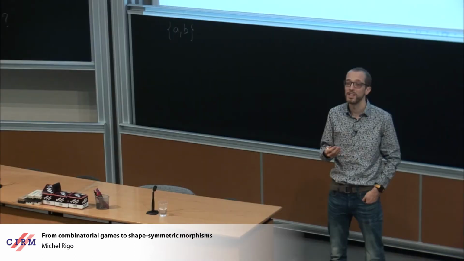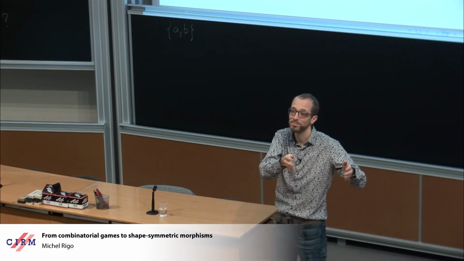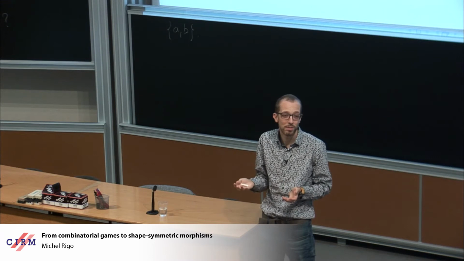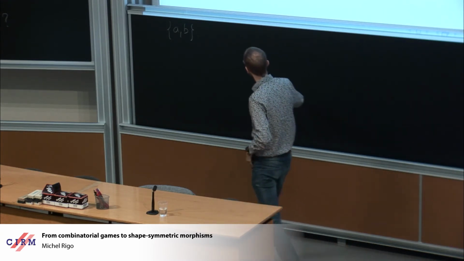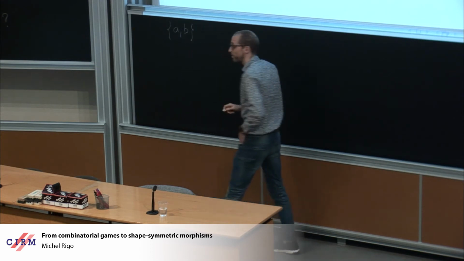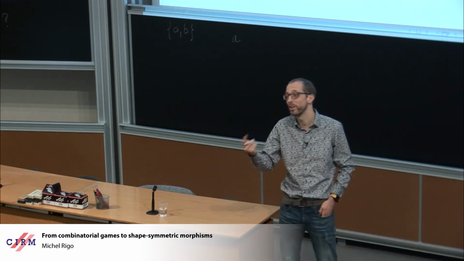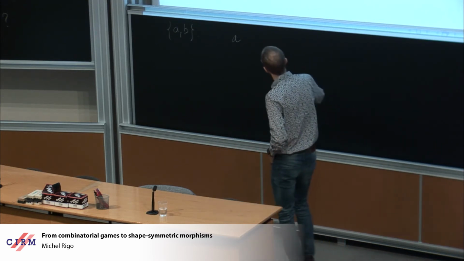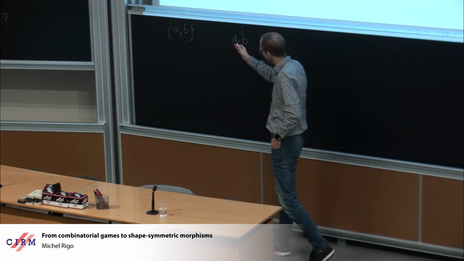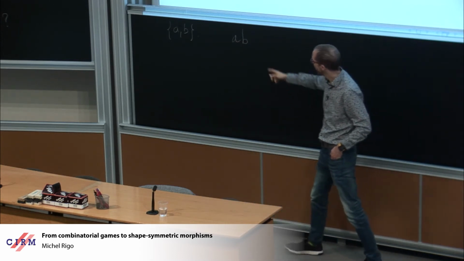The proof is very easy. Try to build a word without any square in it. I start with an A or B, it doesn't matter. If you start with an A, that's the first letter of my word. If I don't want a square, then the second letter should not be an A, it should be a B. And I try to build the longest possible word without a square. May I write a B?